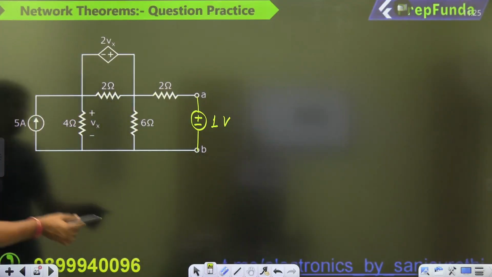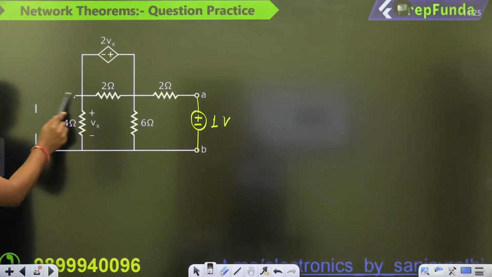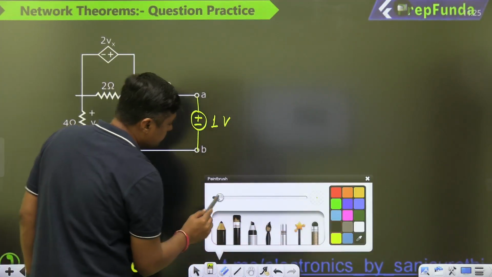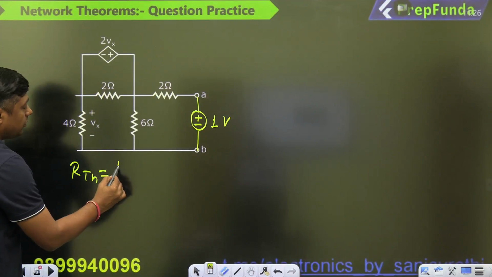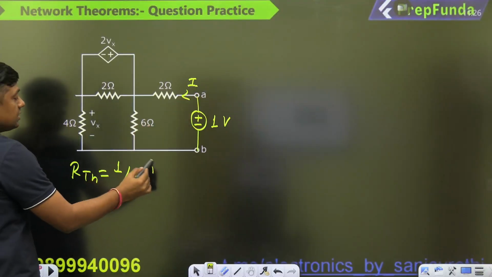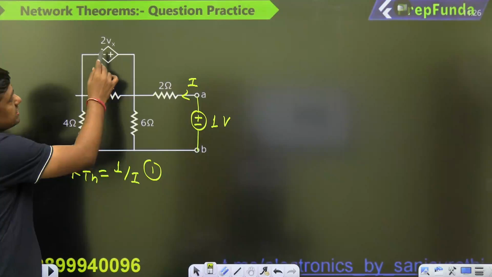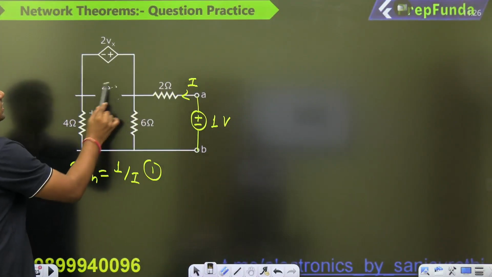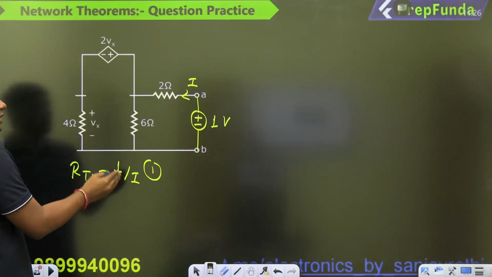All independent sources will be 0. That's why I make it open circuit. Remove it. And then RTH or RN is nothing but 1 by I, where I is the current given by this battery. V by I or 1 by I. This is equation number 1. Now again, if you want to find 1 by I, this resistor is connected parallel to the voltage source. You can remove this resistor.